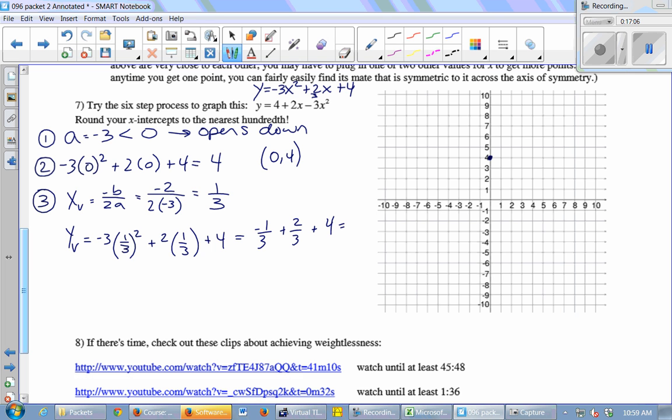So that's 4 1/3. So I now have the coordinates of my vertex, 1/3, 4 1/3. It's hard to plot on here, a third of the way to 1, and then 4 1/3 is just a little bit higher than 4. There's my vertex.